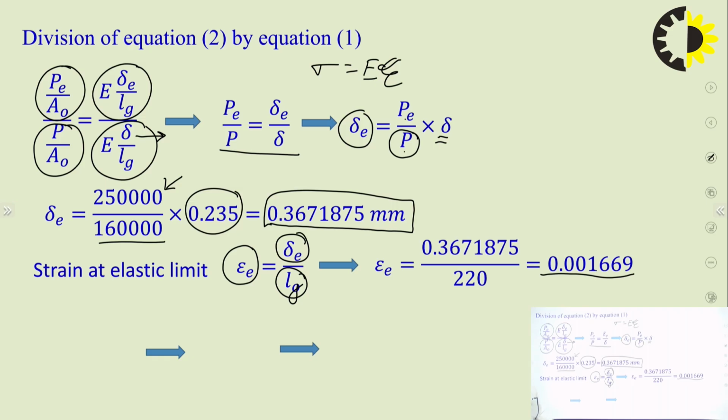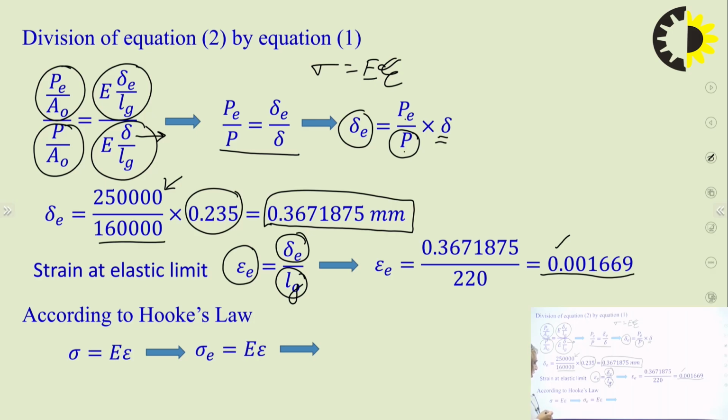Now we can apply sigma is equal to E into epsilon to determine the stress at any point within the elastic limit. Hooke's law is valid up to the elastic limit. So epsilon at the elastic limit is available, and E we have already determined. According to Hooke's law, sigma E at the elastic point is E into epsilon.